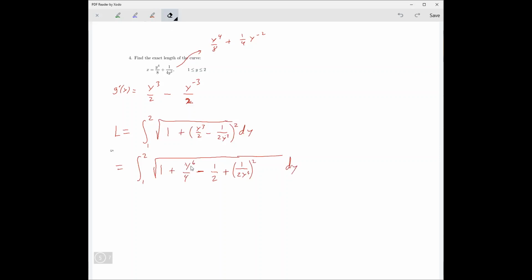Maybe it's better if I had written this as just not squaring it out, but just leaving it like that. Okay, so this is kind of interesting because what happens is you have this 1 minus 1/2, right? So you get this right here.